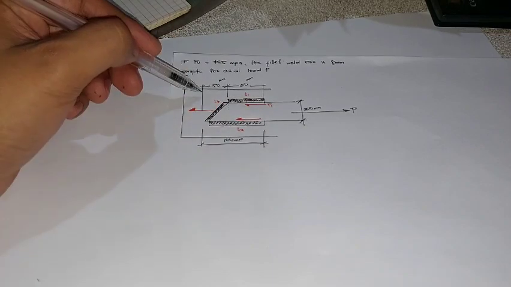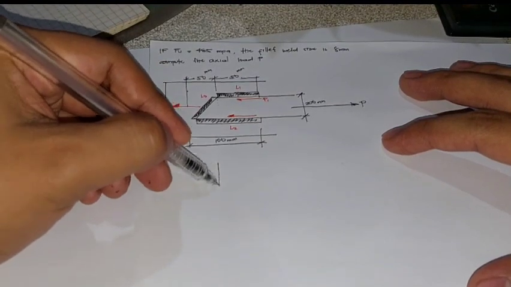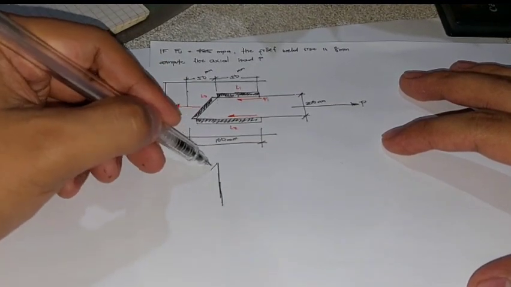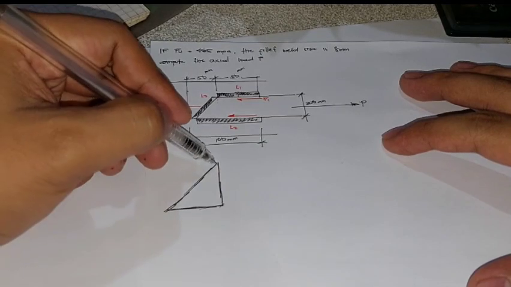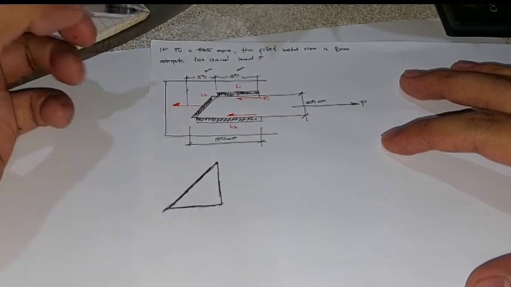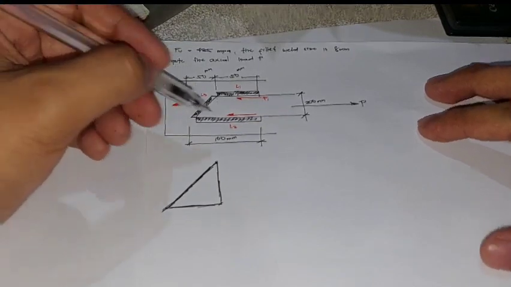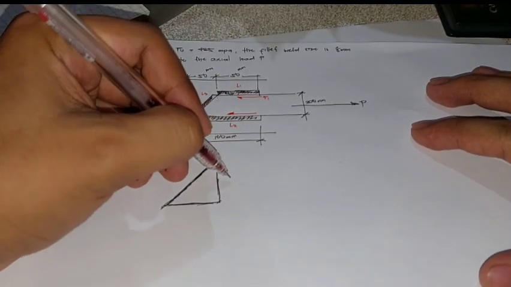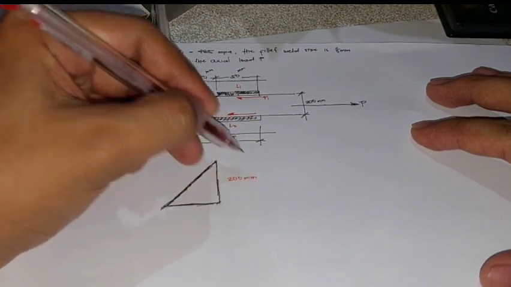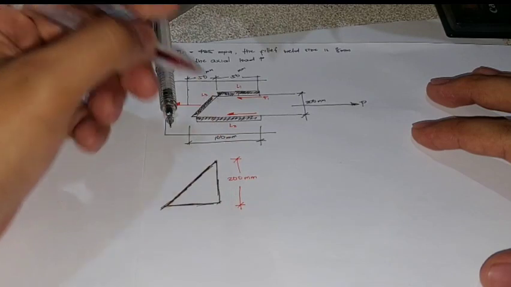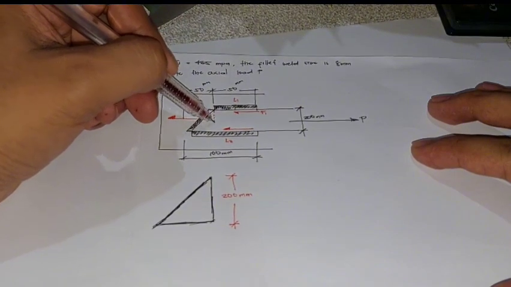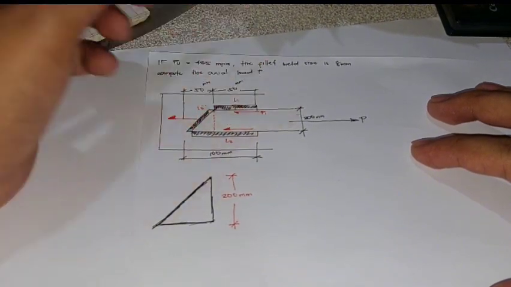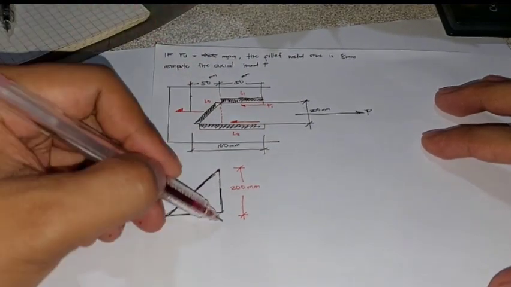From here to here the total is 100. So this one is 200, given.